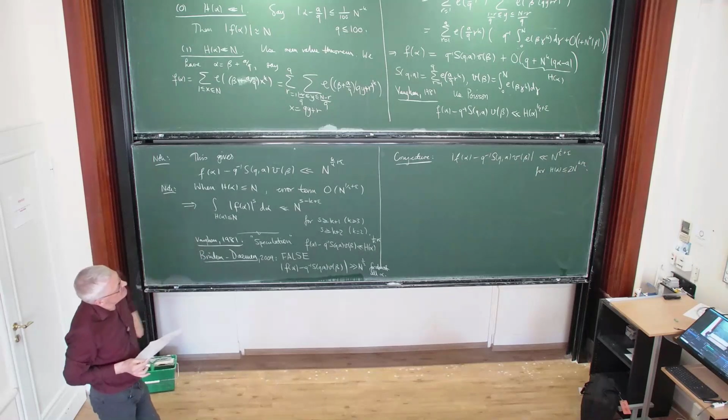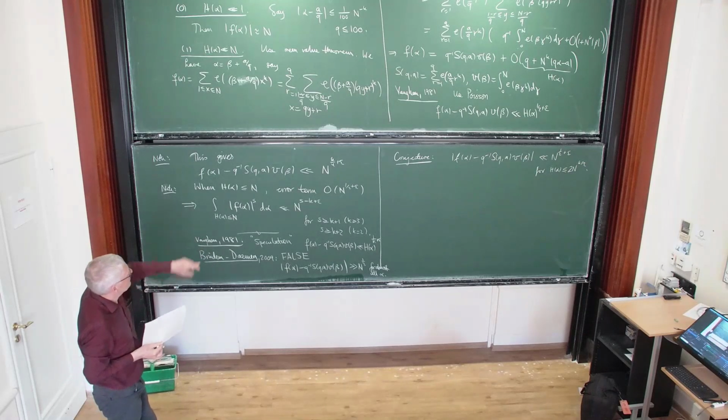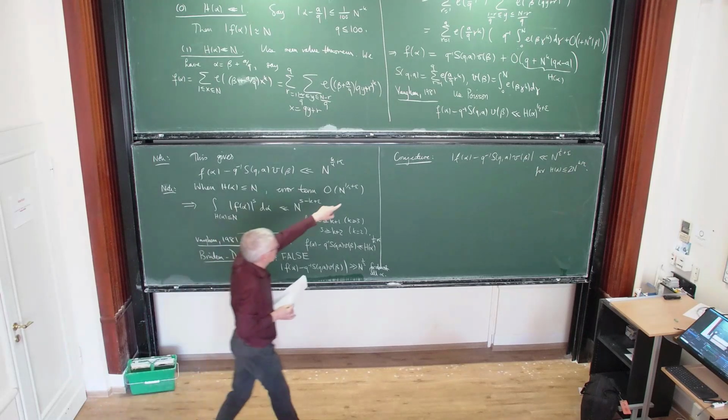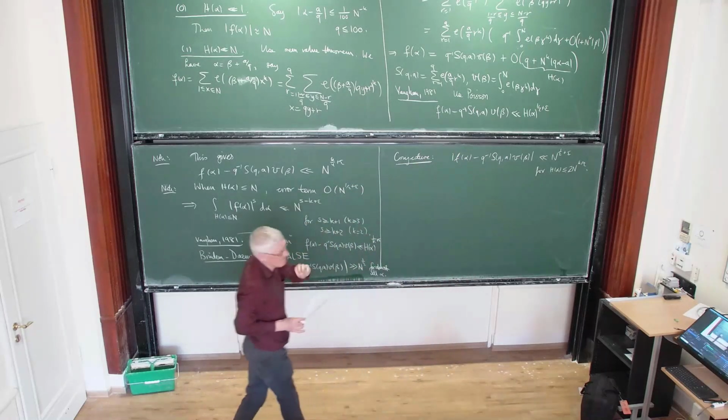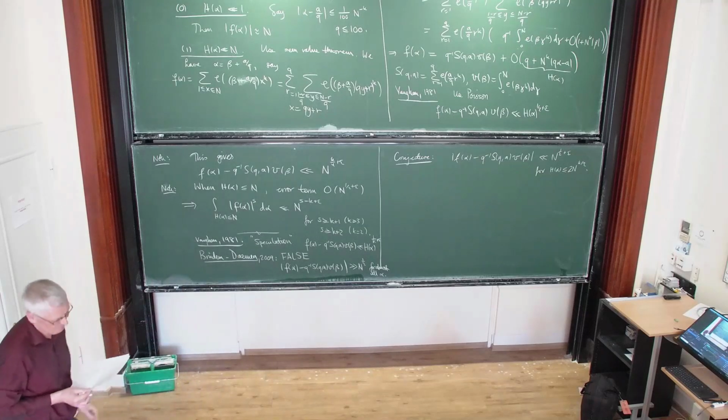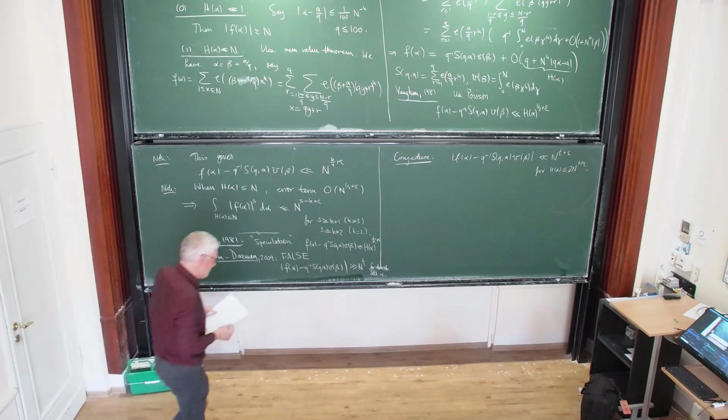And of course it can be smaller than this. We've got an estimate which lies directly above this, which shows that when h of alpha is very small, then you can do better.